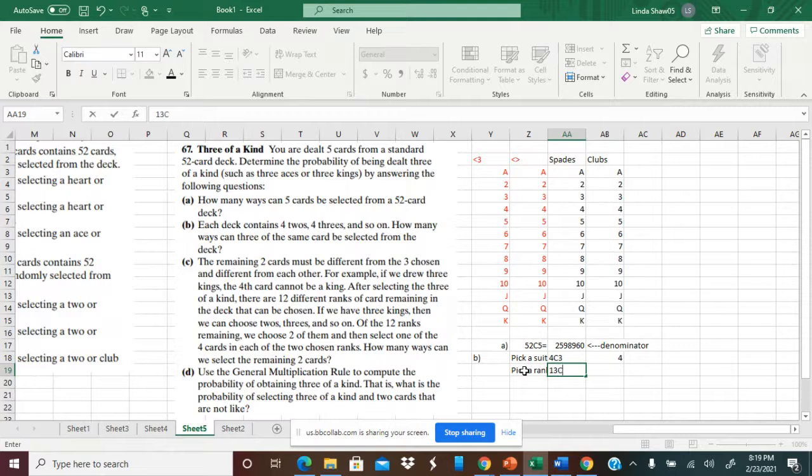Now we're not finished yet, but this is how we're choosing the 3 of a kind part. We're not finished with our hand yet because we only have 3 cards.